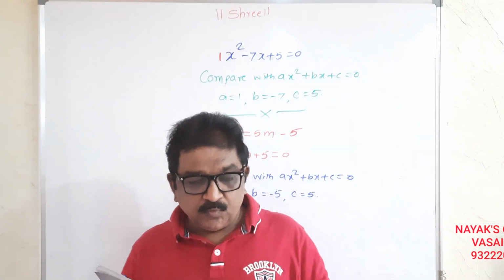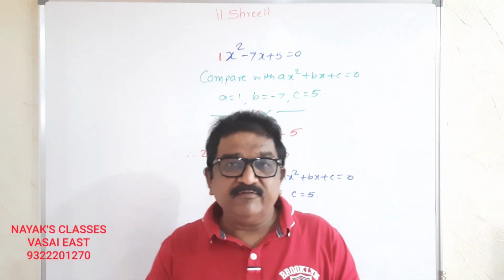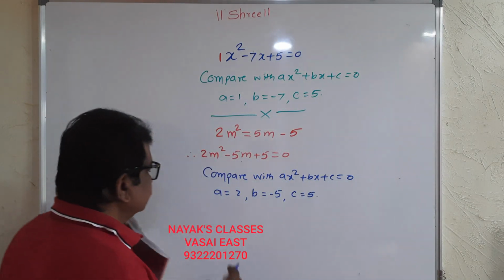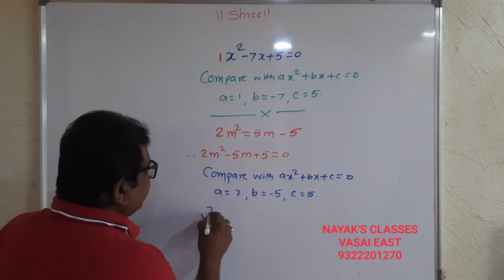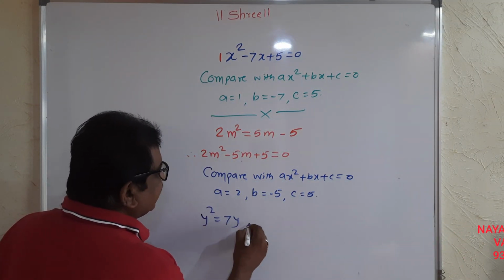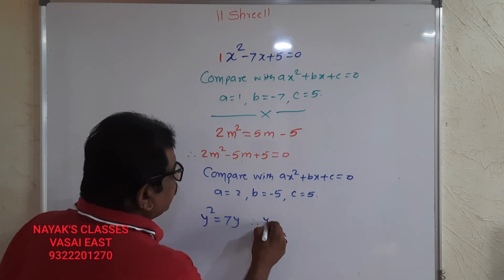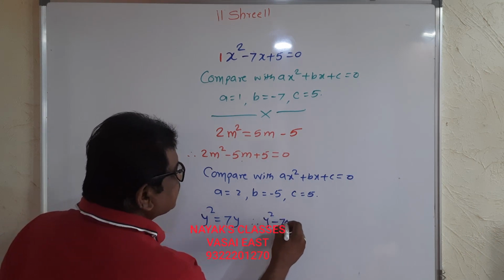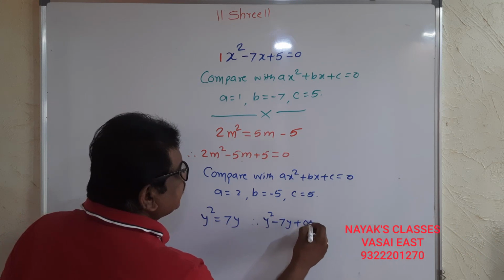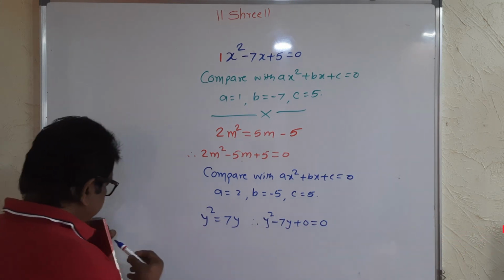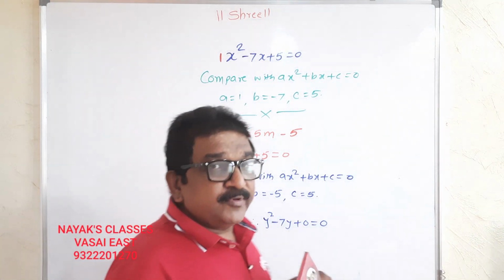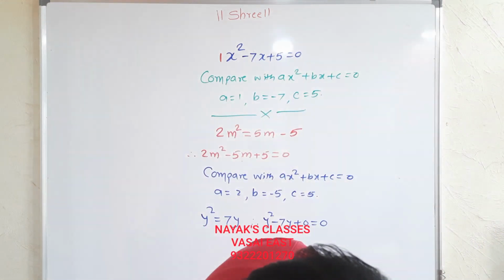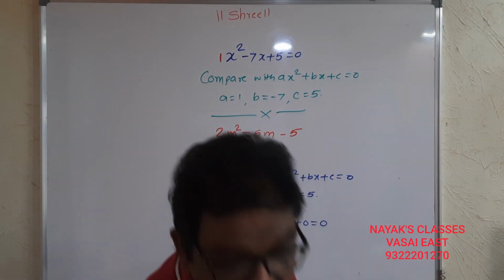It is y square is equal to 7y. Therefore, y square minus 7y plus 0 is equal to 0. So we know there are 3 terms, but one term is missing.